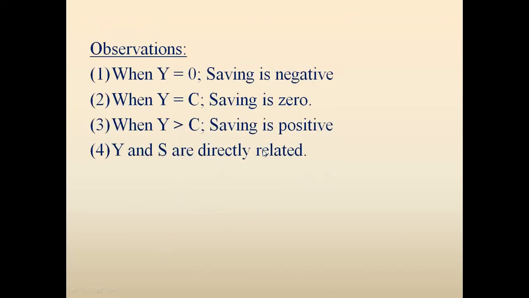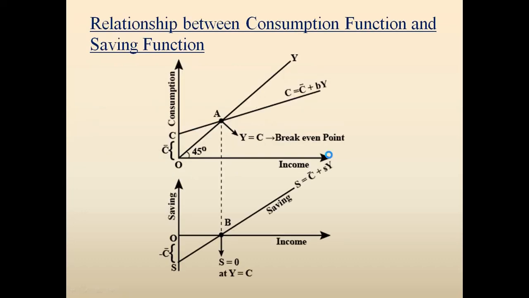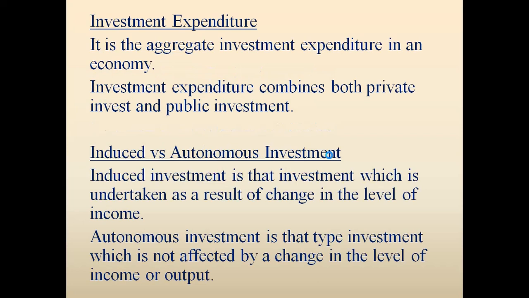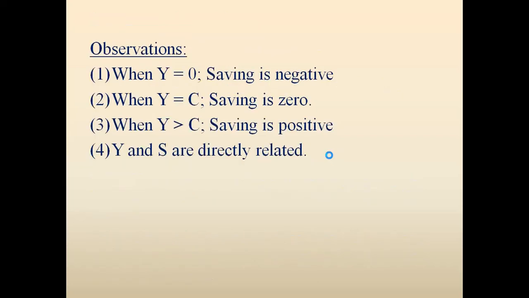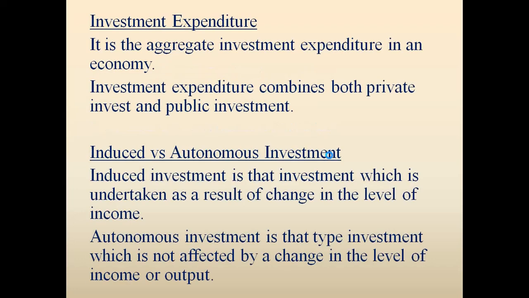And it should be noted that income and savings are directly related, which means the more the income, the more the amount of saving. This is a very simple concept, because this saving function is quite related to your consumption function. So if you have understood this consumption aspect, saving is also very simple to understand.